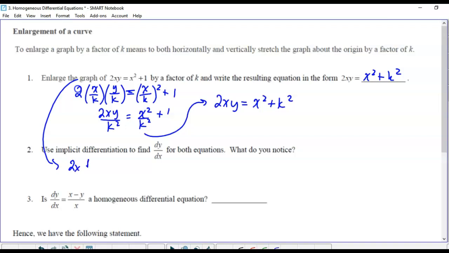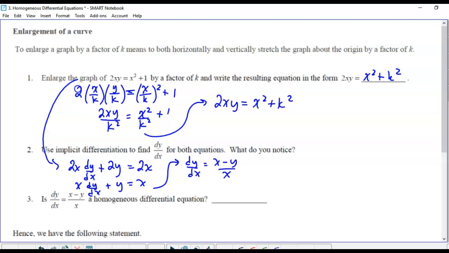So 2x dy/dx plus 2y equals 2x plus 0. The 2's divide out, so you get x dy/dx plus y equals x, so dy/dx equals (x minus y) over x. This one here has the same left side and the same right side because the derivative of k squared is 0, right?